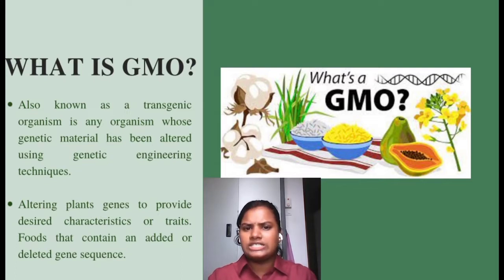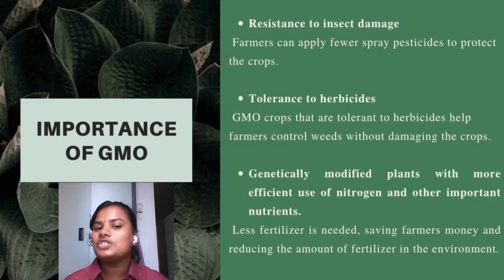Altered plants' genes provide desired characteristics or traits. Foods contain an added or deleted gene sequence. GMOs are the source of medicines and genetically modified foods and are also widely used in scientific research and to produce other goods. Now, I'm going to talk about the importance of GMO.